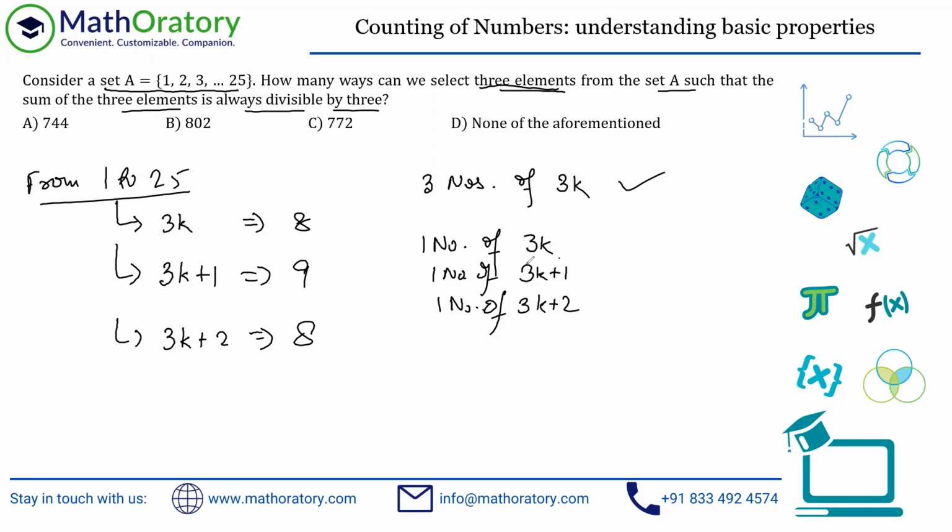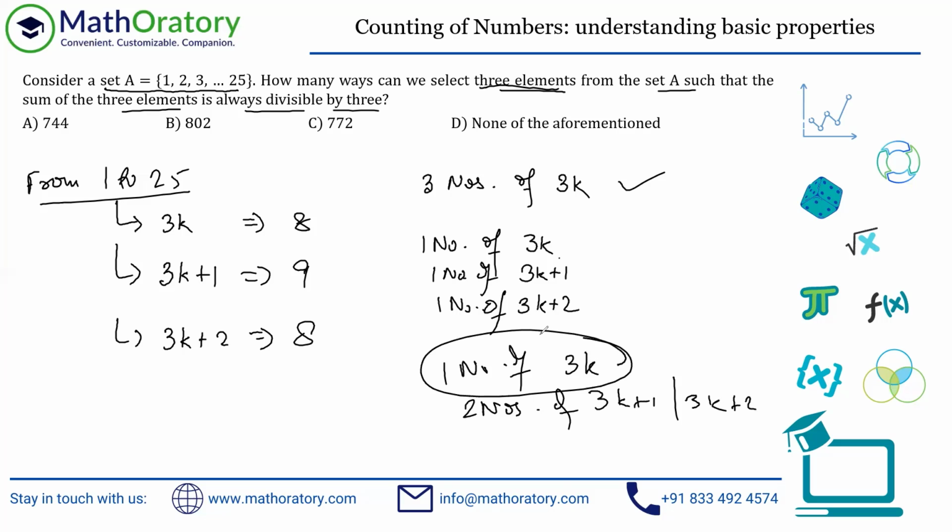But what I can't do is, if I take one number of 3K type, I cannot take 2 numbers of the same type, that is 2 numbers of 3K plus 1 or 2 numbers of 3K plus 2. This is not going to work. Just check it out. With one number of 3K, if you take 2 numbers of 3K plus 1, then those two added will be 3K plus 2 type, isn't it? So added to a 3K, it is not going to give us a multiple of 3.